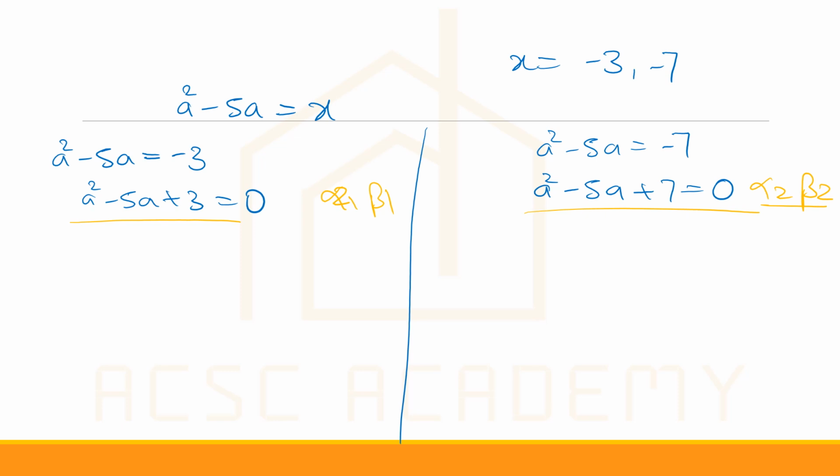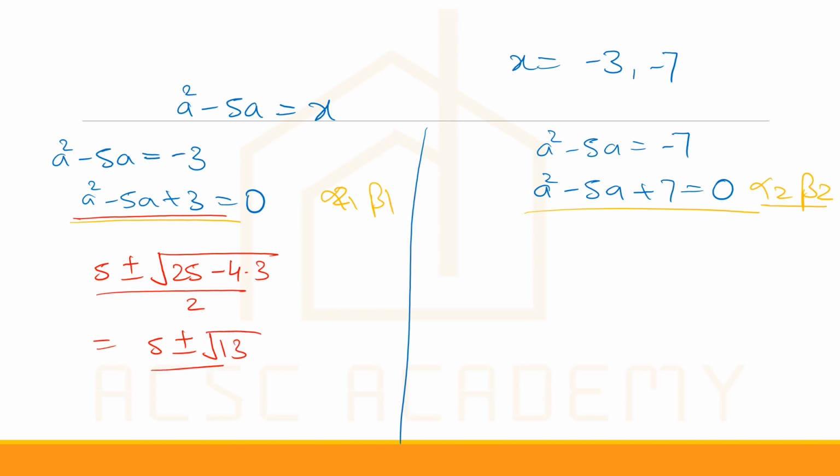So coming to the first one, there is no factorization that can be applied over here, so we'll go with the formula method. It will become 5 plus minus root of b squared, which means 25 minus 4 times 1 times 3, upon 2. So that is 5 plus minus root of 25 minus 12, that is root 13, by 2.